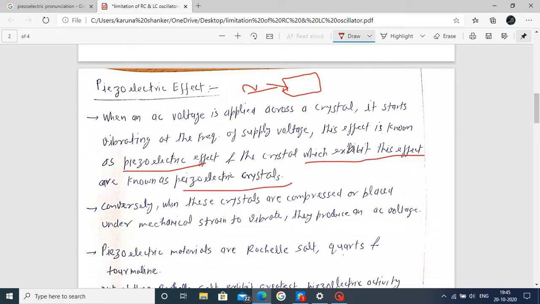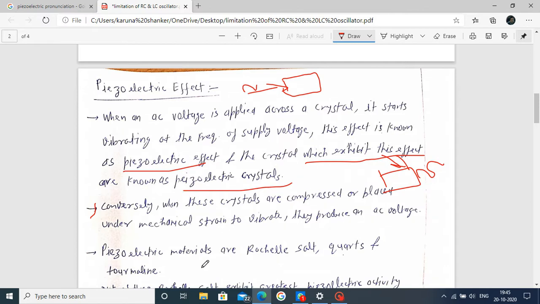Now we reverse it: we take a crystal and apply a pressure or a force to it. The crystal vibrates due to the applied pressure or strain, and the vibration produces an AC output voltage of a particular frequency. This is written here. This is known as the piezoelectric effect, and the material used is the piezoelectric crystal.